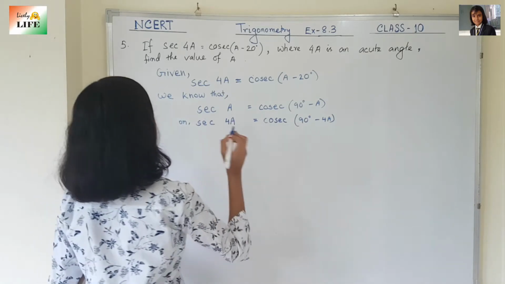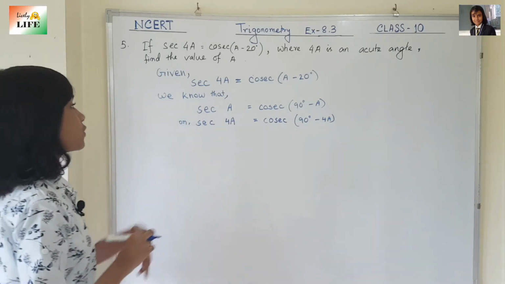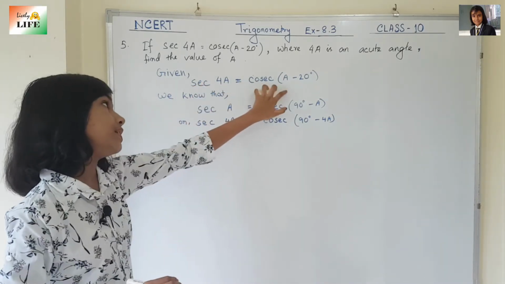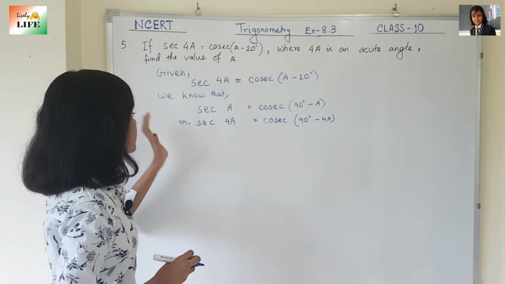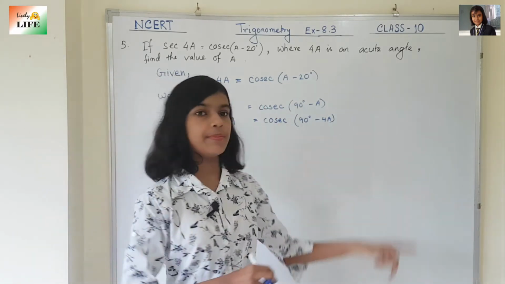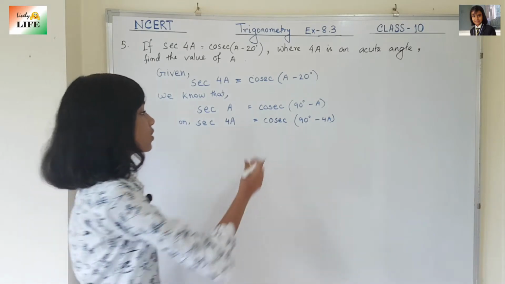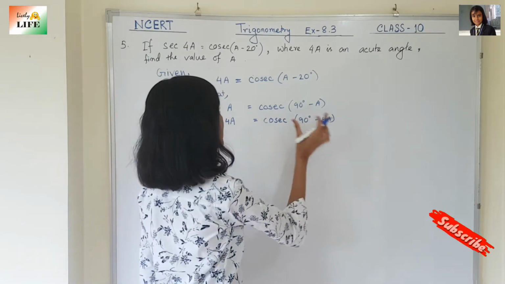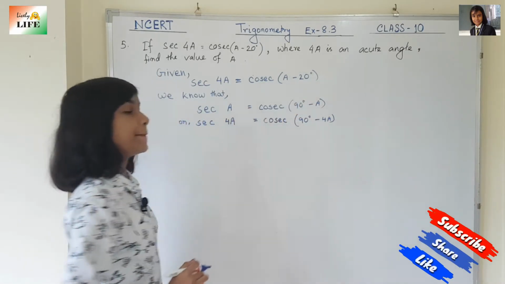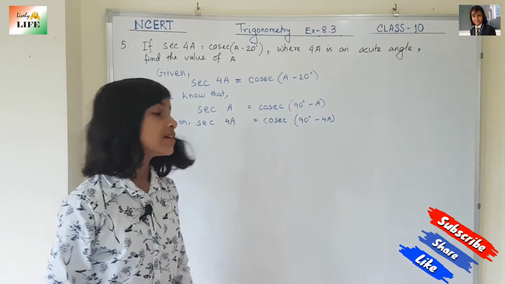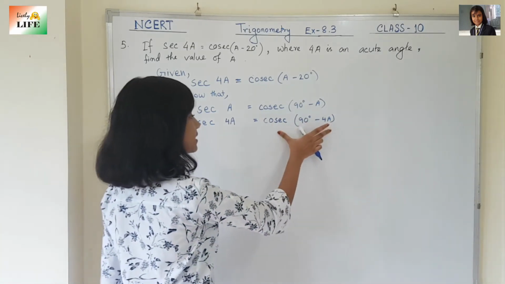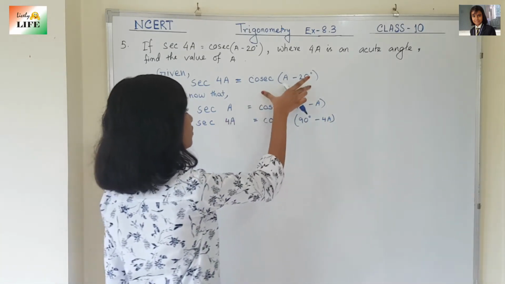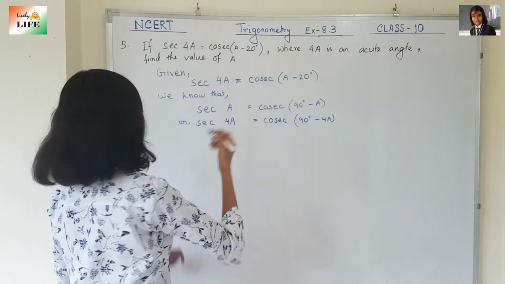Okay, now we can say that sec 4a is cosec a minus 20 degree and sec 4a is also cosec 90 degree minus 4a. So we can write cosec 90 degree minus 4a is equal to cosec a minus 20 degree, right? Why? Because cosec 90 degree minus 4a is sec 4a and cosec a minus 20 degree is also sec 4a, right?